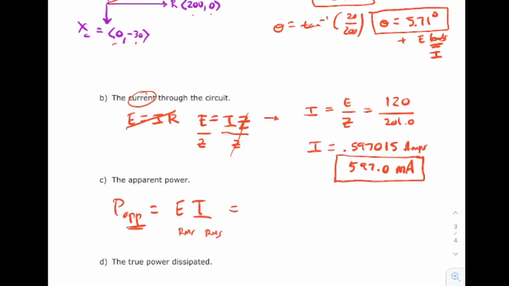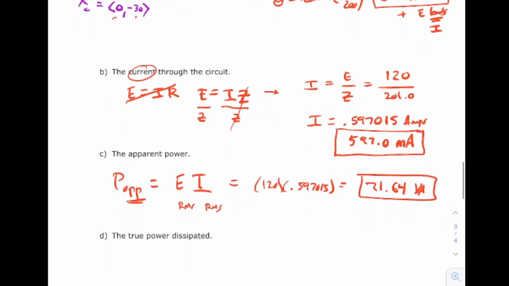We take the E that they gave us, 120 volts, multiply it by the 0.597015, and we get our apparent power. Times 120, 71.64. It's apparent power, not watts, so you call it volt amps. 71.64 volt amps, which is what I got before.